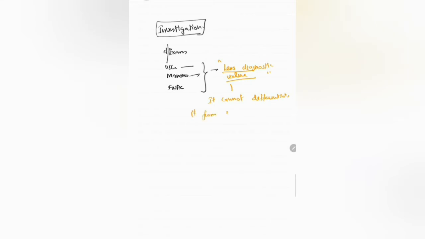Whereas your clinical examination, your ultrasound or mammo or your FNAC, all of these things are of less diagnostic value, because it cannot differentiate it from your fibroadenoma, especially your epithelial fibroadenomas.